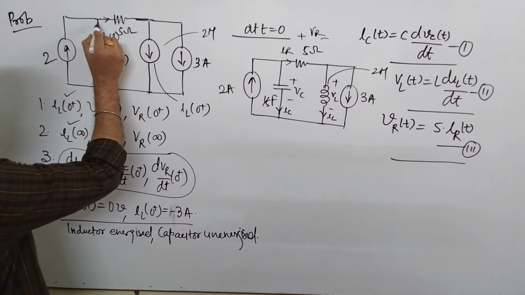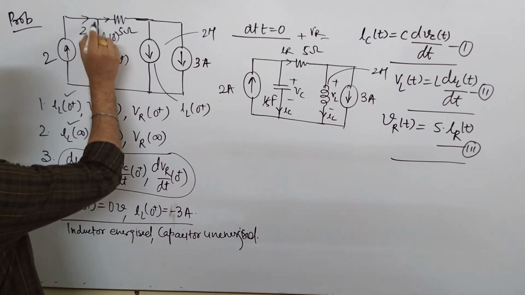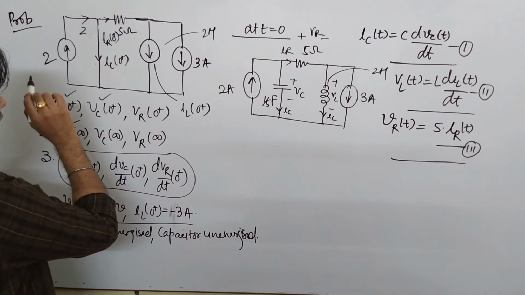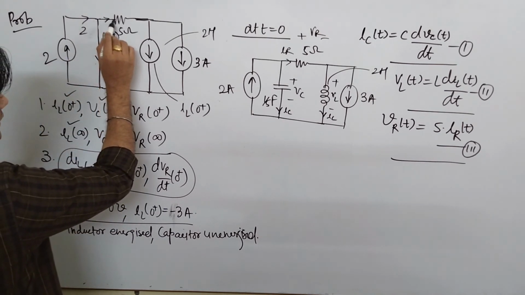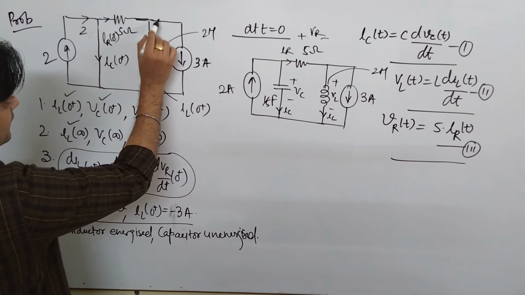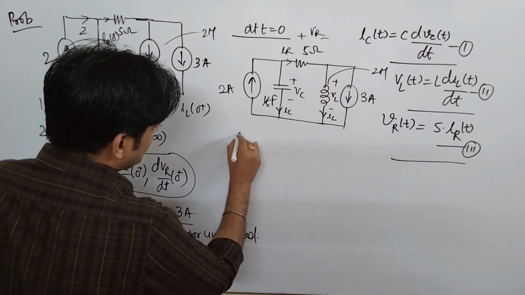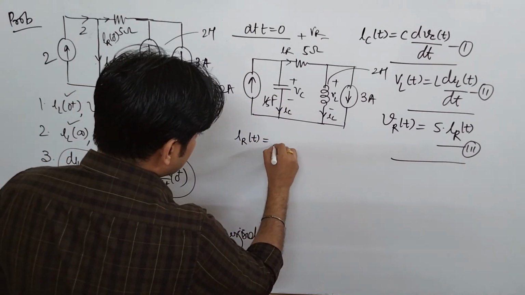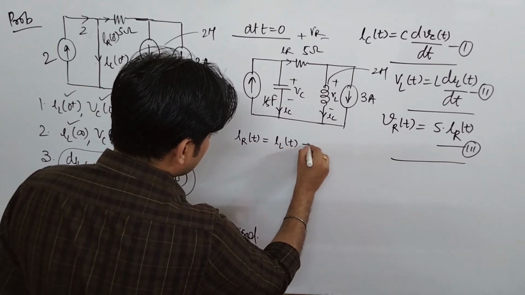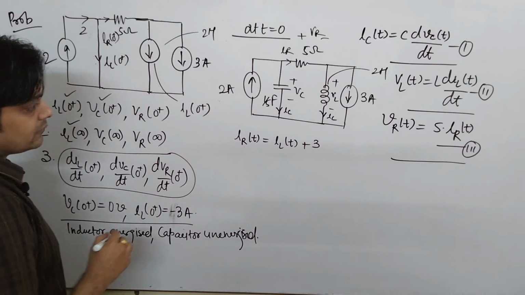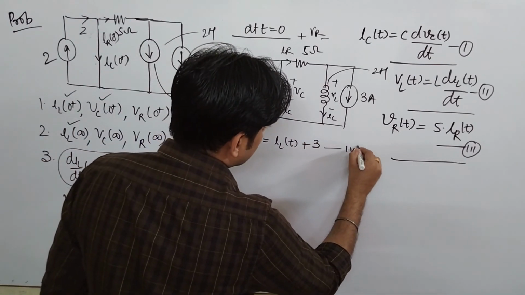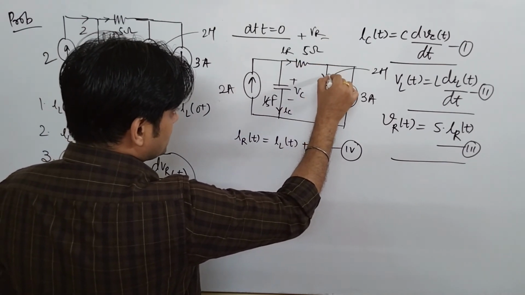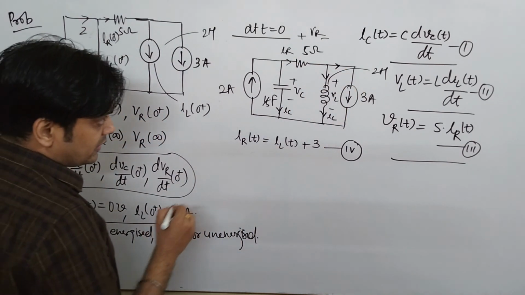This 2 ampere current is flowing in this manner, this is IR(0+) and this is IC(0+). Here IR(0+) is coming and 2 current is going here. So IR(t) from this equation is basically IL(t) plus 3 ampere. This I say fourth. IR(t) is equal to this current and this current. Just try to understand.